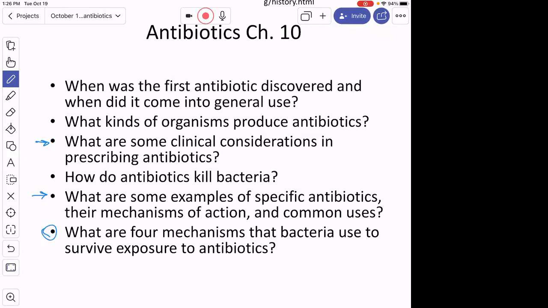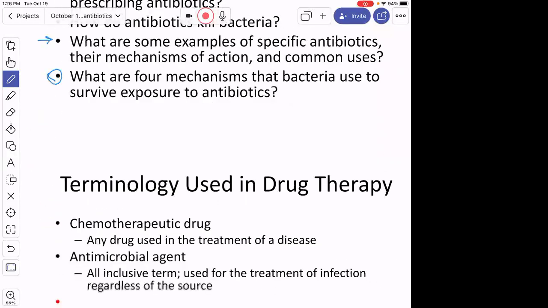So before COVID, that was one of the major things that infectious disease experts were worried about, and they still are, antibiotic resistant bacteria. So how do they acquire the ability to become resistant, and what does that actually mean? How are they evading the antibiotic? All right, so that's where we're going with that.